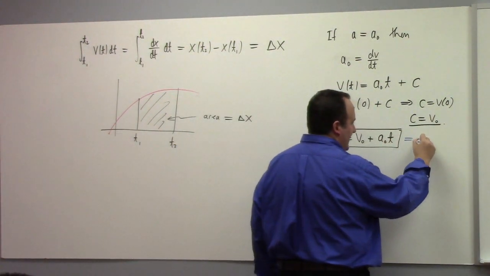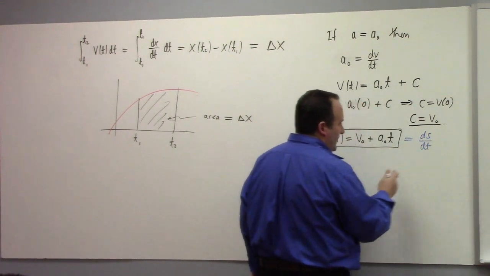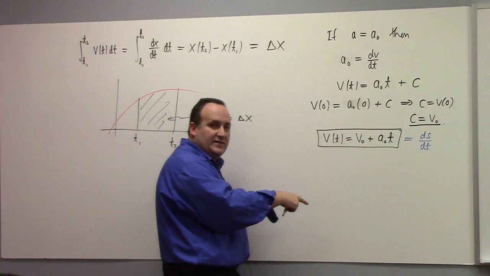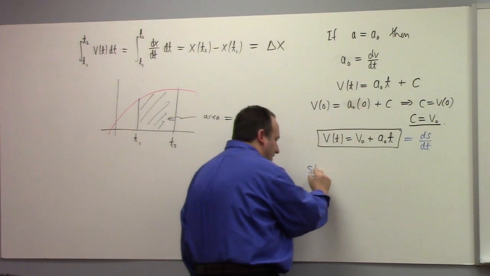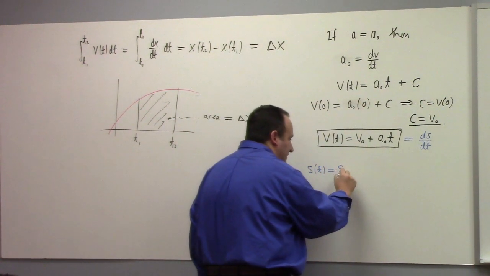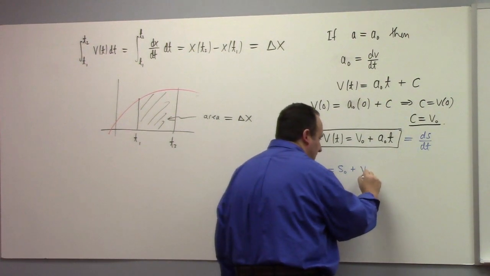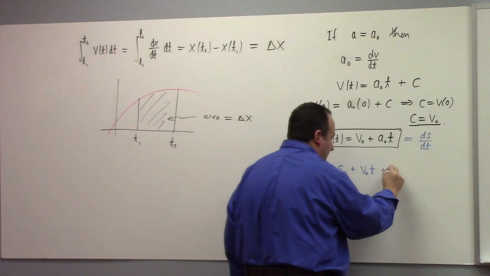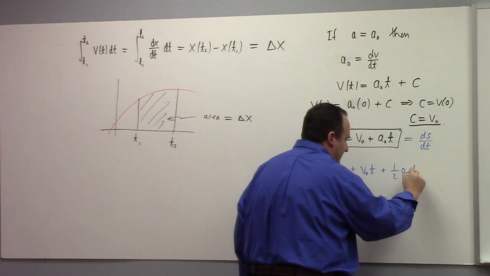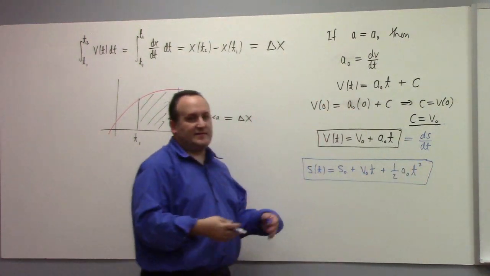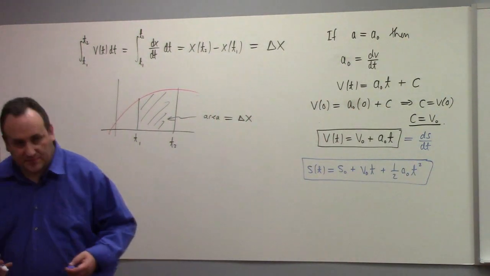So if this is equal to ds dt, then if you'll forgive me going through all the details, we integrate, and then we fit initial conditions to that. That gives us that the S at time t is equal to the initial position plus the initial velocity times time plus 1/2 a sub 0 t squared. So these are the constant acceleration formulas, right?